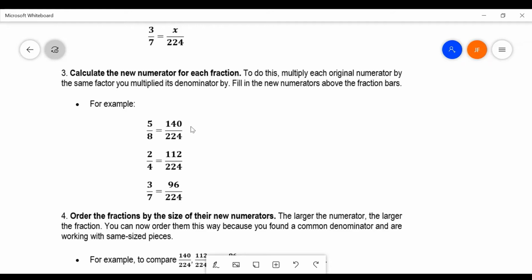So, to continue this example, as you can see here, 5/8 becomes 140 over 224. We have already explained where we get this 224, our common denominator. Now, we are going to understand how we have these new numerators.